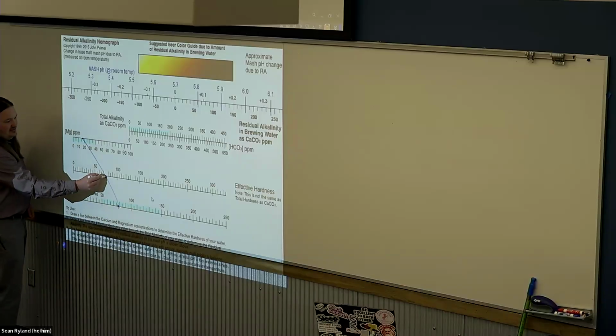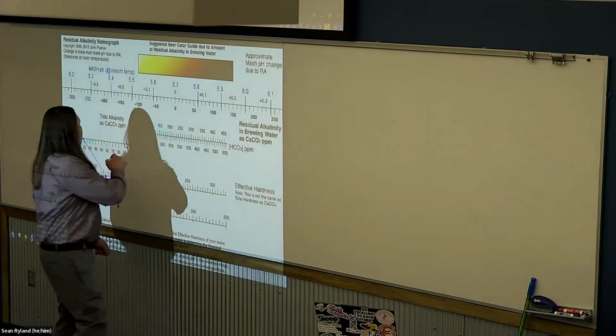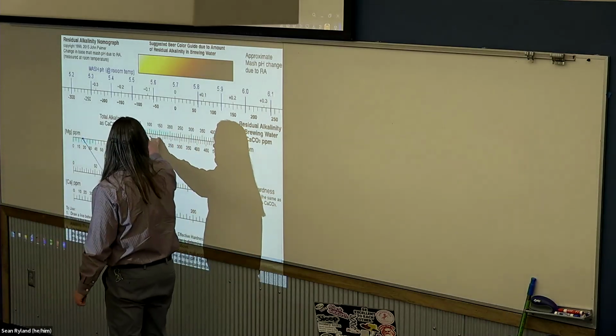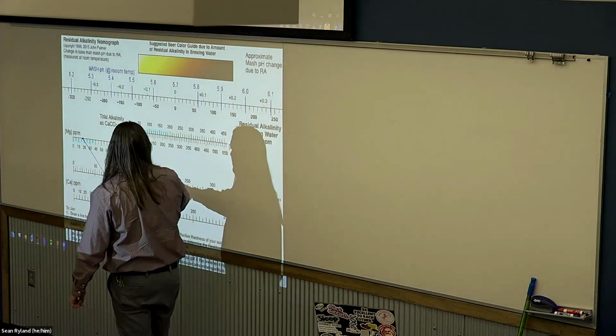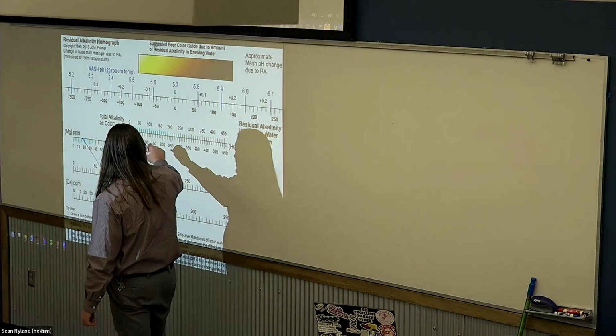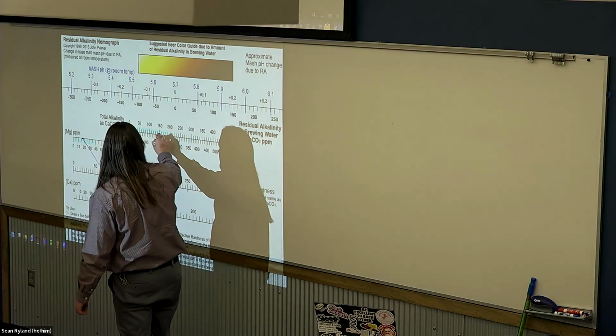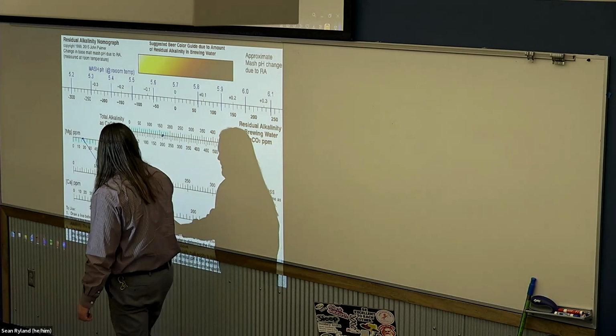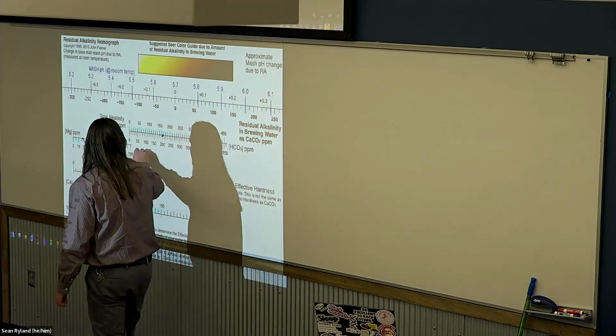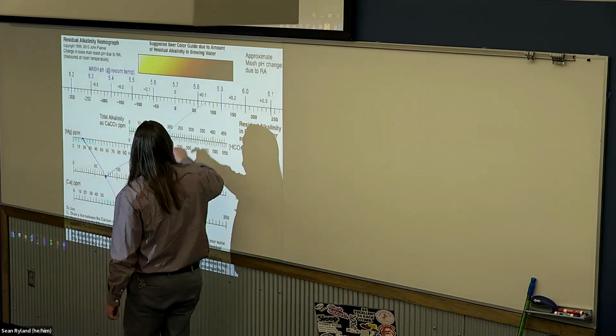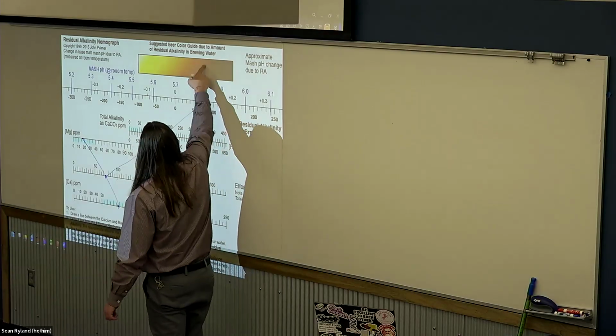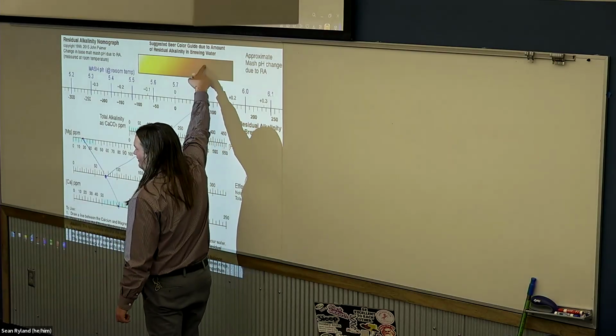Where it hits on this line, you then compare it to how alkaline your water is, what the starting pH is. So let's say it's fairly alkaline, might have it like that. Then you draw a line there, and that tells you what color of beer you can make with that water.